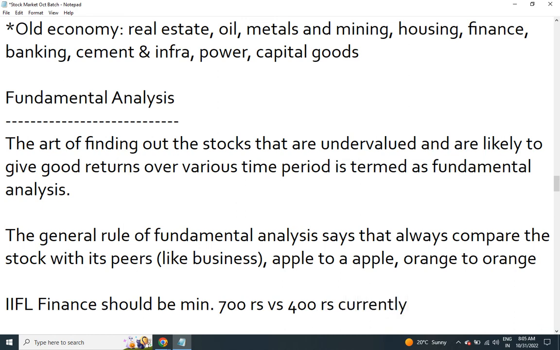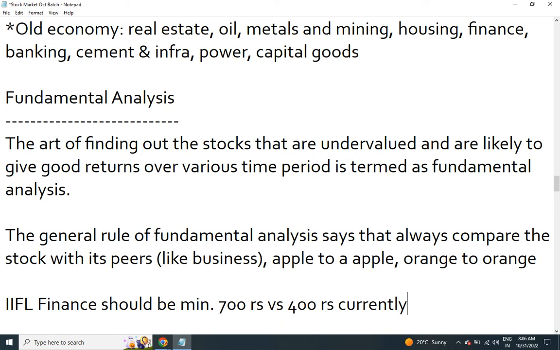So there is a gap of 300 rupees which has to be filled. This is the right price. Anything beyond 700 is okay, a sell price for us. But 700 rupees is the right price for this stock, which means still 70% growth is expected. So we will wait for that time. When that growth comes, then we will book a profit here and then choose some other stocks.